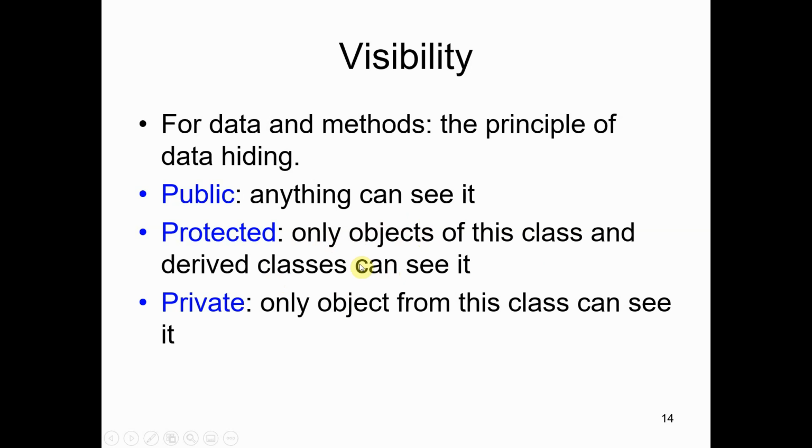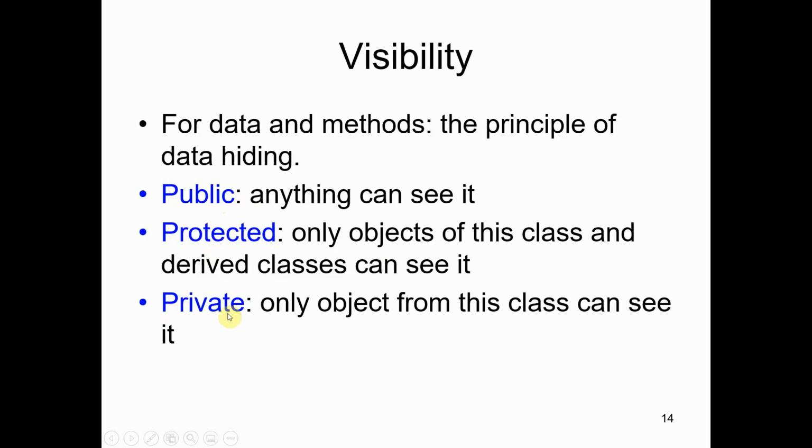So in our previous example, the printer and the real printer don't have this derived relationship, so they can only use public methods. If they have an inheritance hierarchy, then the method in the base class can be declared as protected.